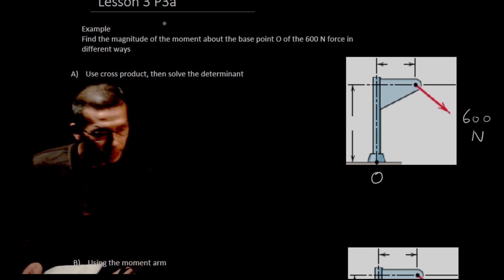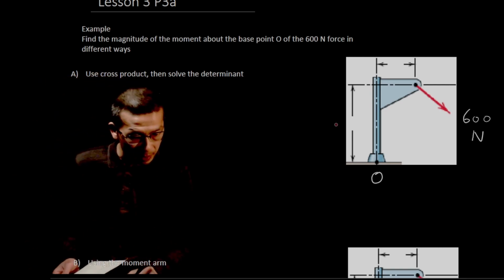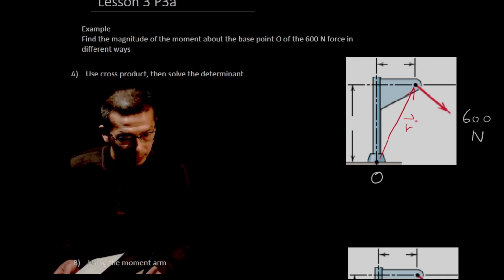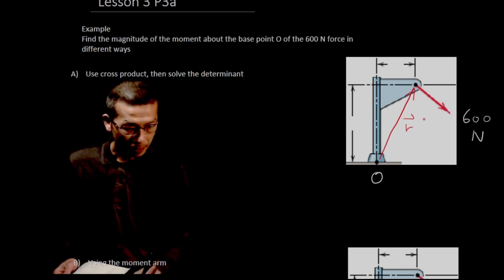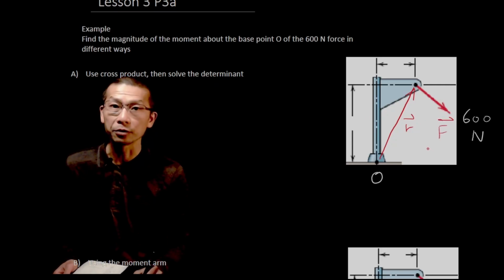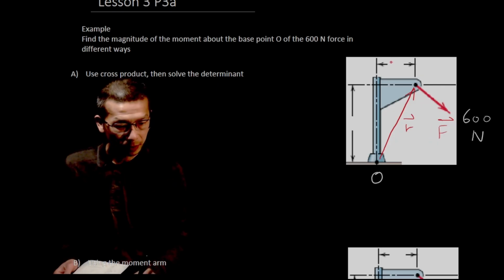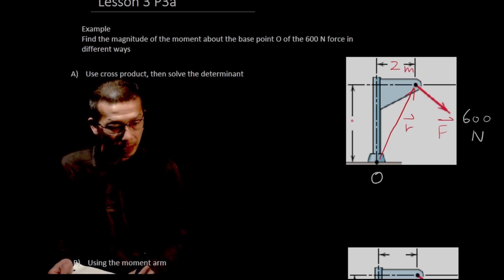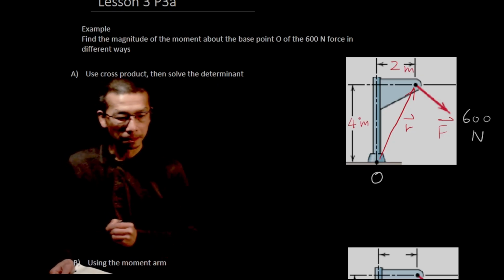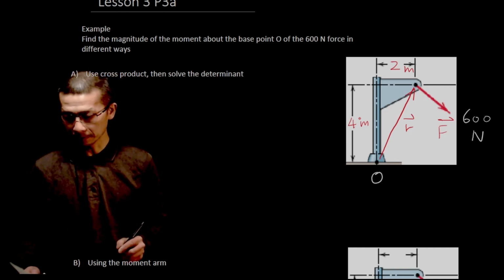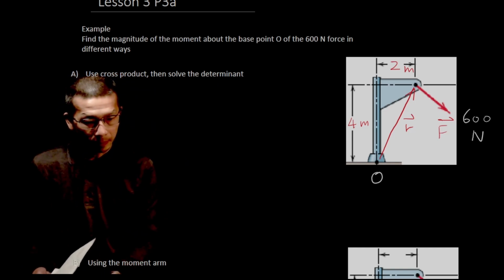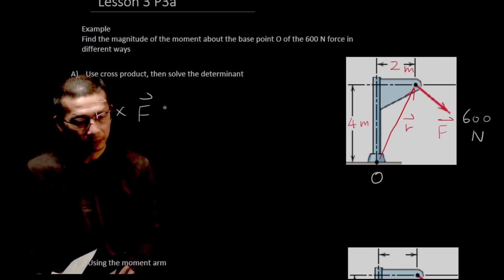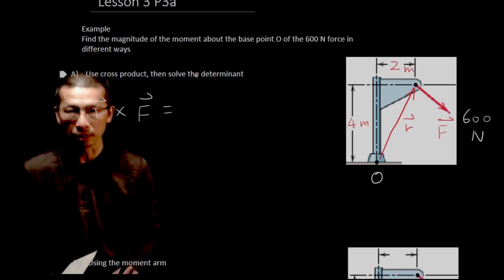How do we do that? Well, position vector, and let me use this. Here is the position vector R, and this is F, which is 600 newtons, and I'll give this 2 meters, and here is 4 meters height. So now position vector R cross the force vector, that's equal to, let's write it out, use determinant.